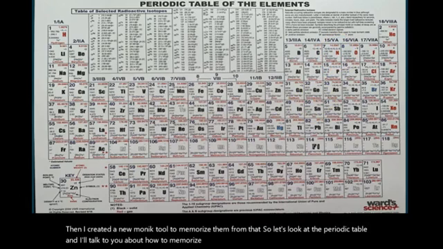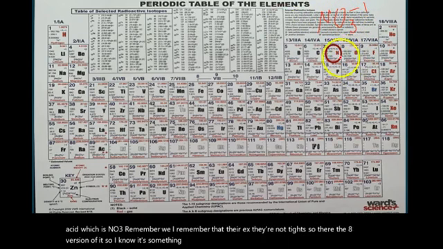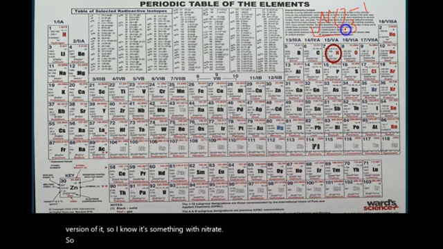So the acids on the strong acid list are nitric acid, which is HNO3. Remember, I remember that they're -ics, they're not -ites. So they're the 3 version of it. So I know it's something with nitrate. So when I memorize it, I call this NO, for N with oxygen.